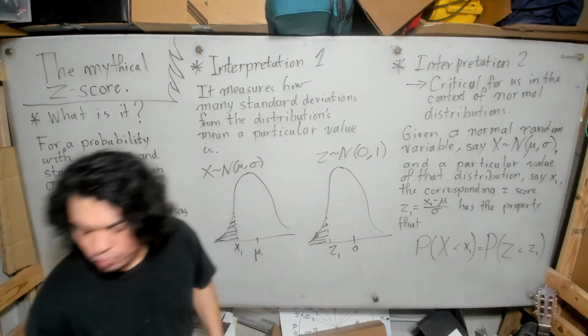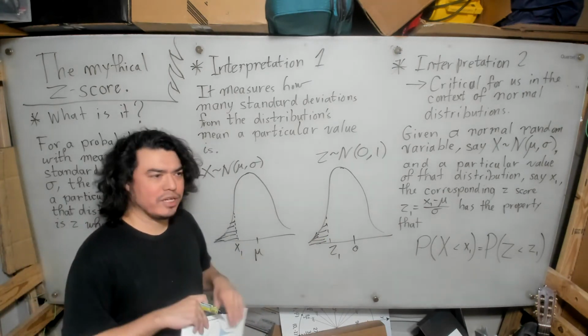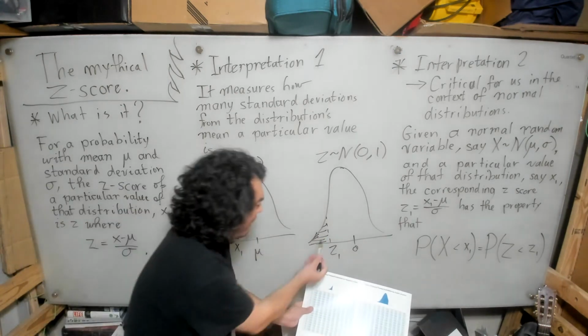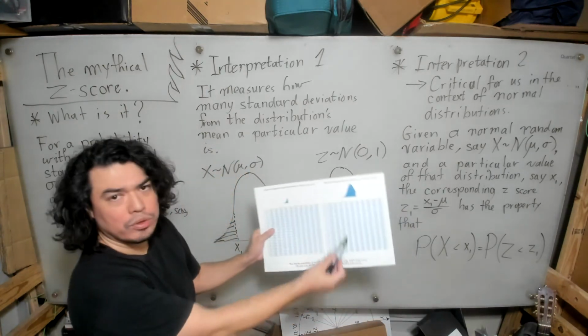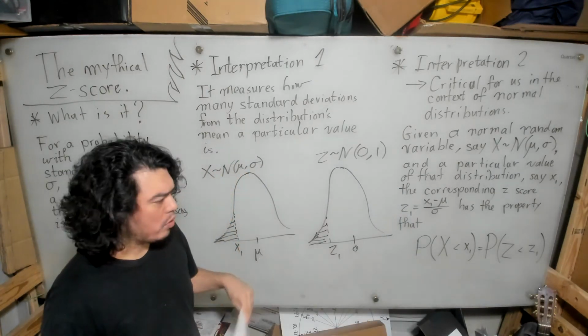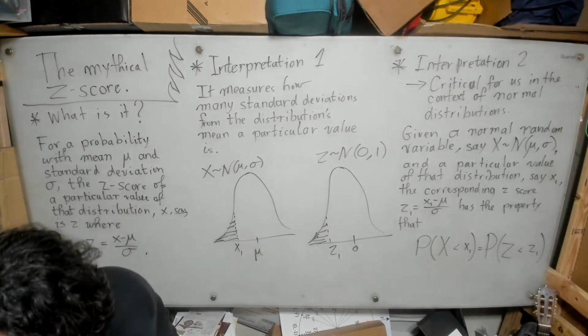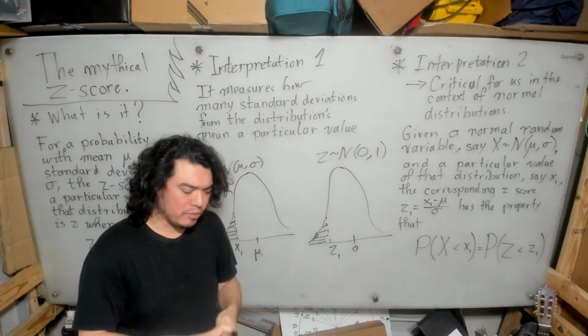And of course, as you will see me use in future examples, this value here is exactly the value from the standard normal table. And hence we'll be able to use it to solve problems.